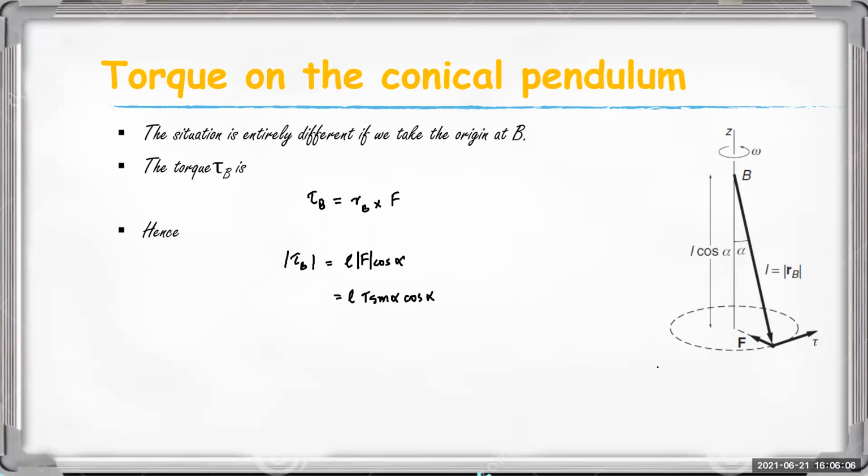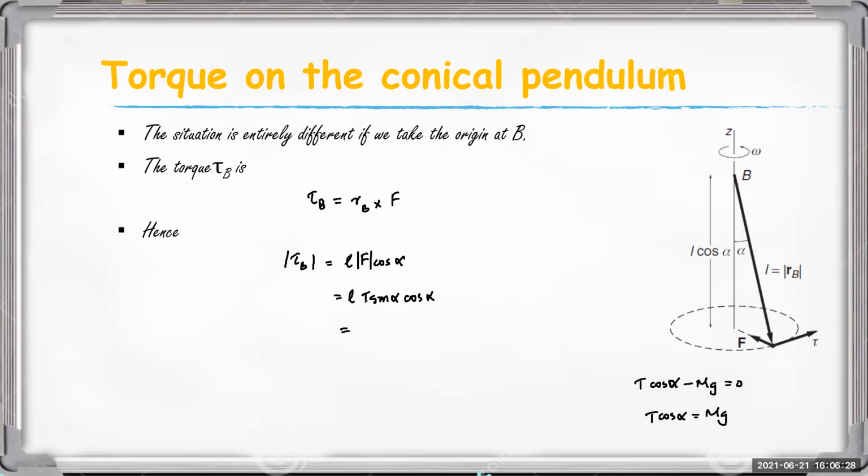In the case of the conical pendulum, from the analysis of the force diagram, we obtain T cos alpha minus mg is equal to 0, or T cos alpha is equal to mg.